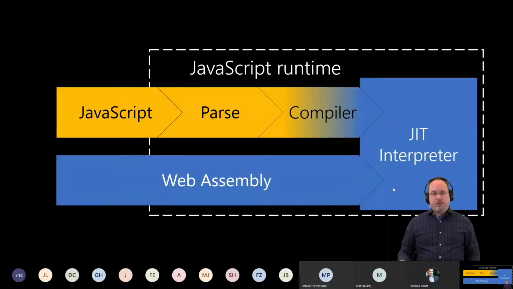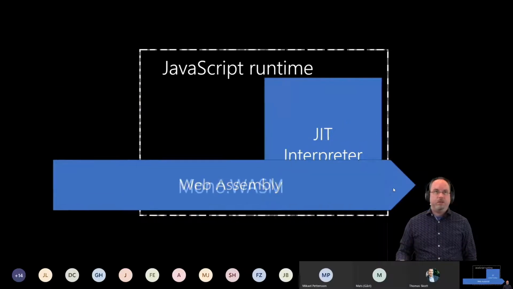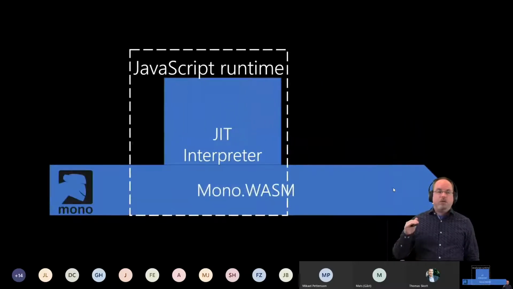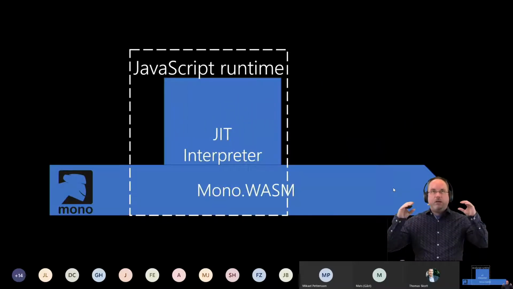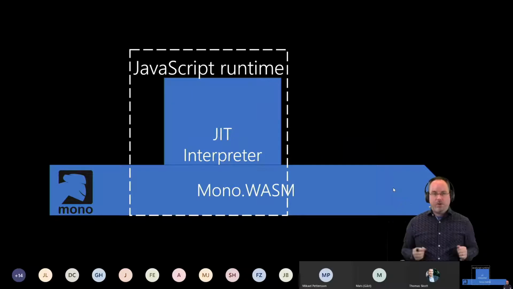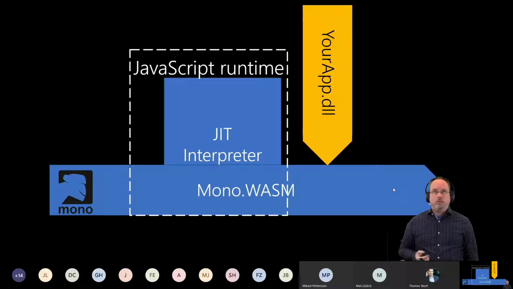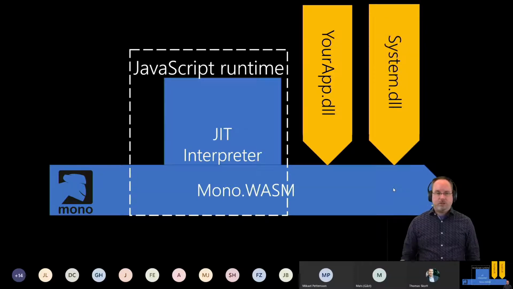So what Microsoft did was that they took an open source project, the mono runtime, and compiled that to WebAssembly. So the mono runtime is running inside your web browser. And then it's going to download your DLLs and Microsoft's DLLs and run those inside of the browser.